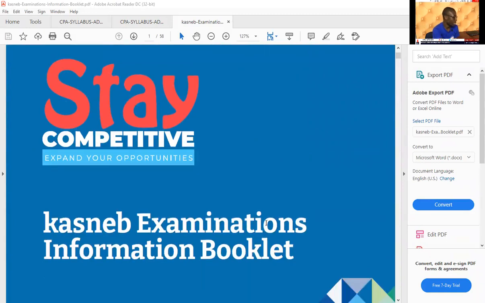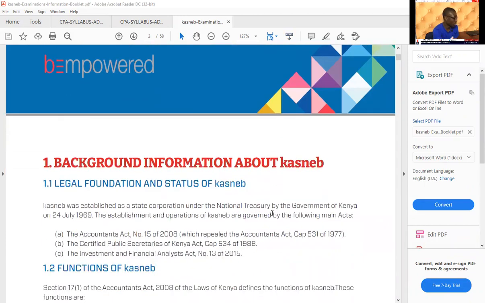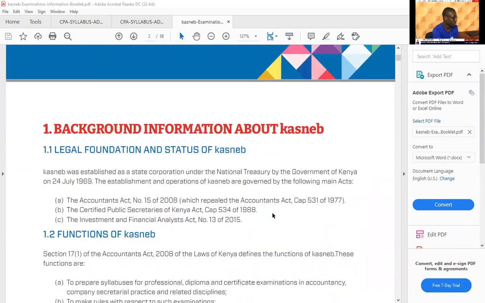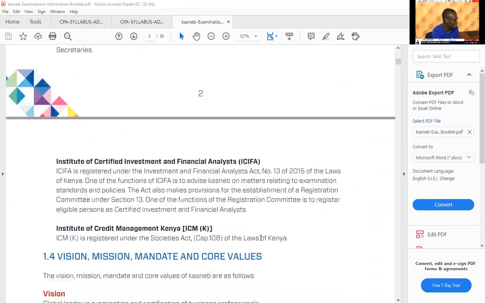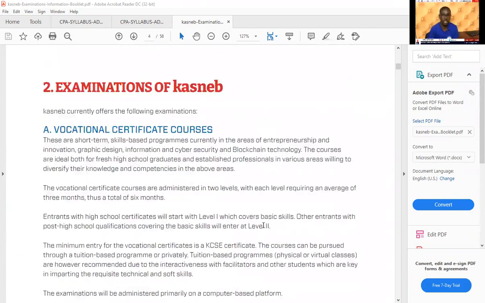And as I've said, I really thank Kasneb for what they have done, because this will be a game changer in this field, more so for accounting students. The most important thing that Kasneb has introduced, look at this, we have vocational certificate courses.